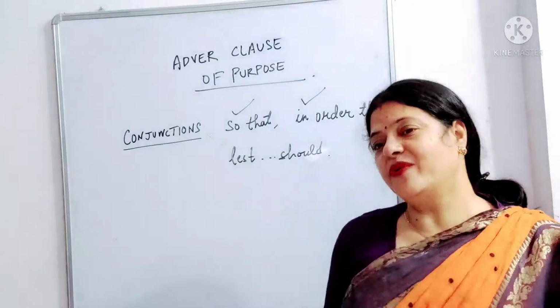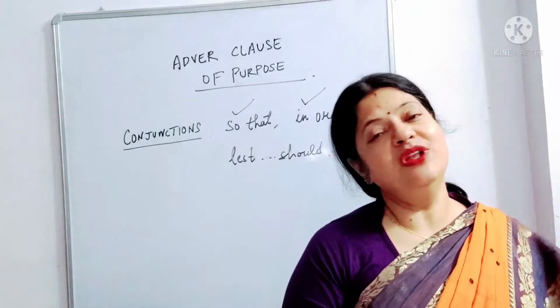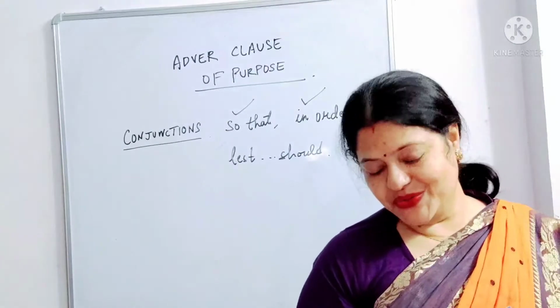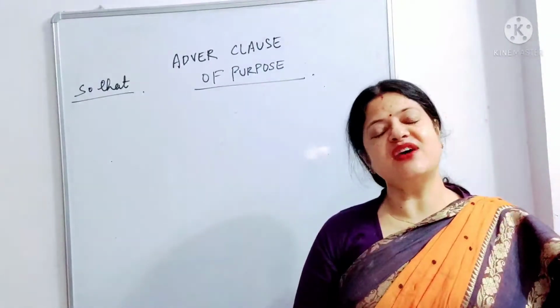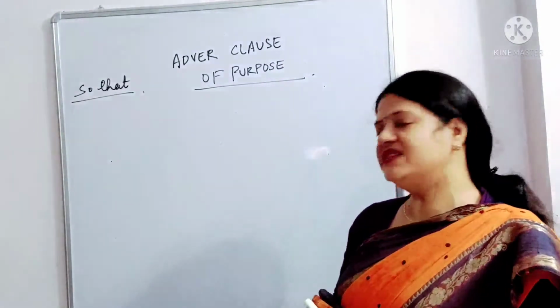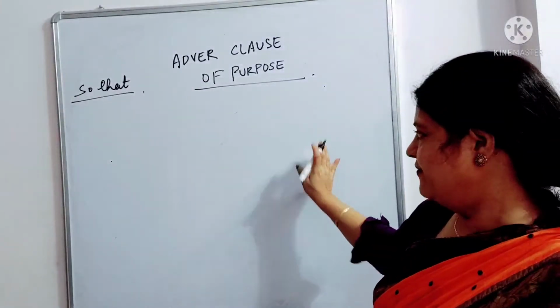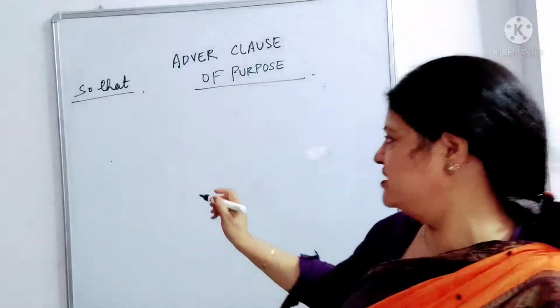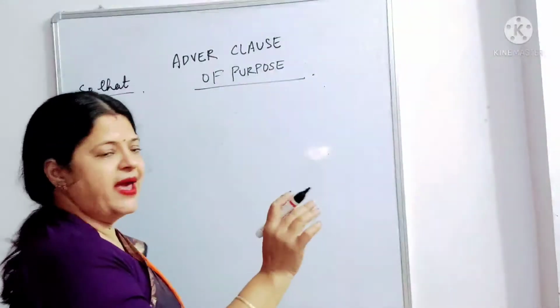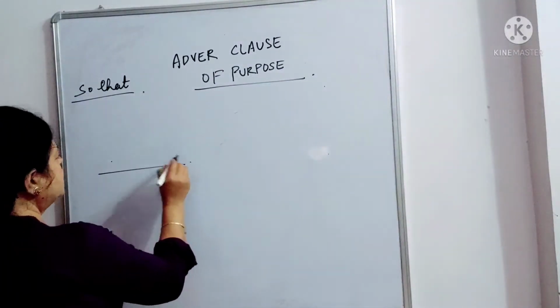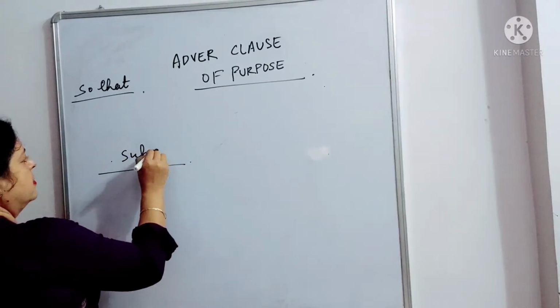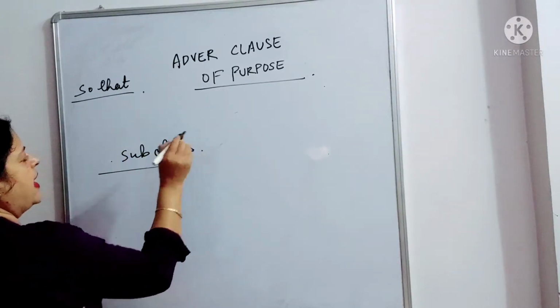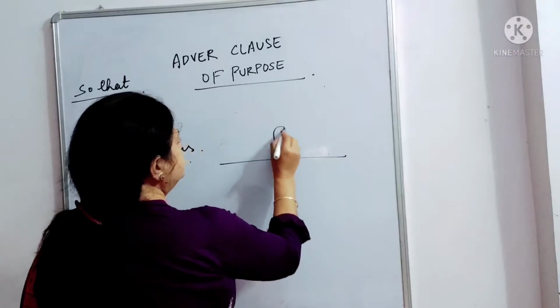So first of all, I'm going to write an example on the board so that it becomes clear to you. So first, let's understand it like this: if we are keeping the subordinate clause at the beginning of a sentence, here I am writing subordinate clause. Okay. And here I am writing principal clause.